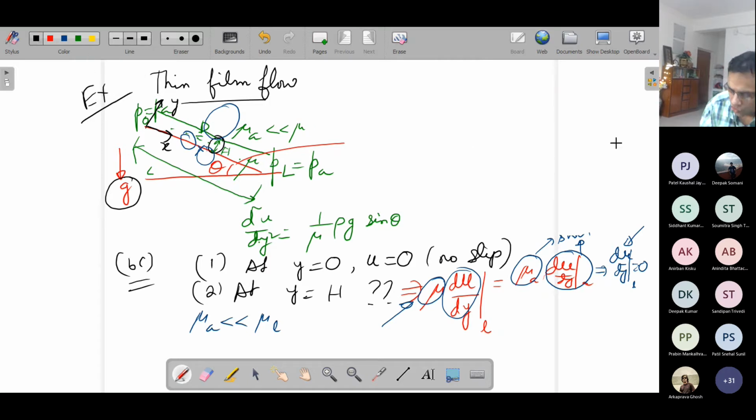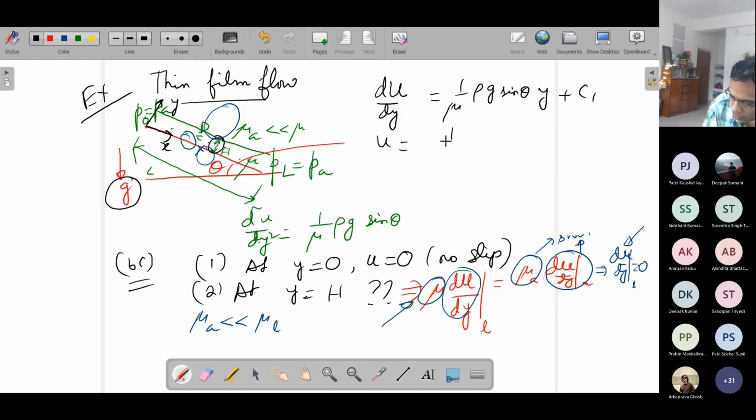So if we integrate it, du dy is equal to 1 by mu rho g sine theta into y plus c1, and u is equal to 1 by mu rho g sine theta y square by 2 plus c1y plus c2. Now we can use the boundary condition number 2, that is at y equal to h, du dy equal to 0.